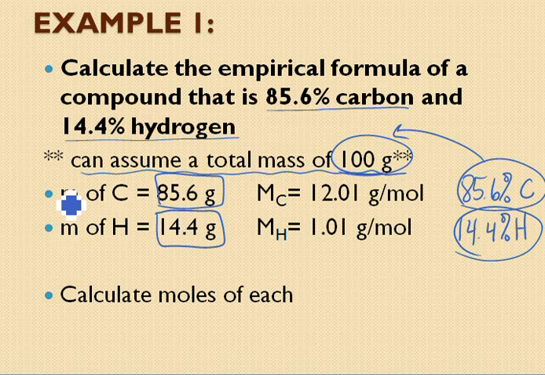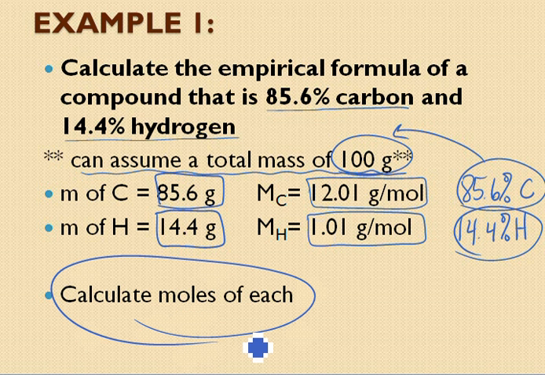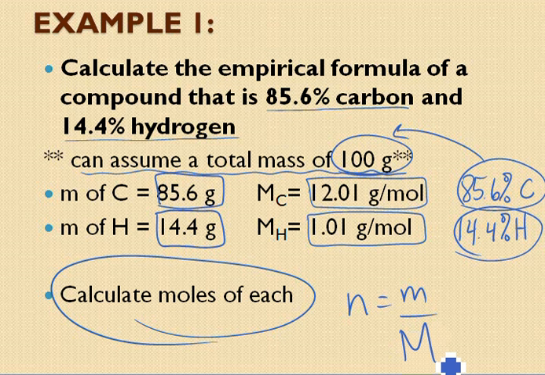Now that we have the mass that's present, we also can calculate the molar mass of carbon, 12.01 grams per mole, molar mass of hydrogen, 1.01 grams per mole. Now we can calculate the moles of each one, because number of moles equals mass over molar mass.